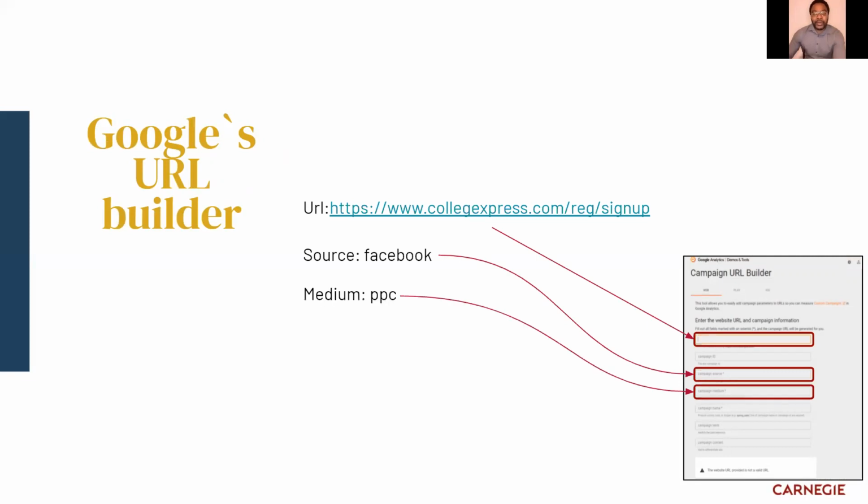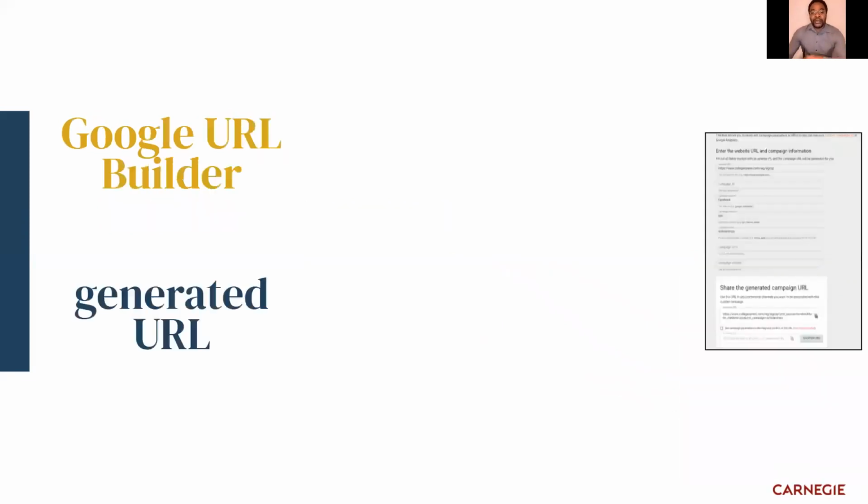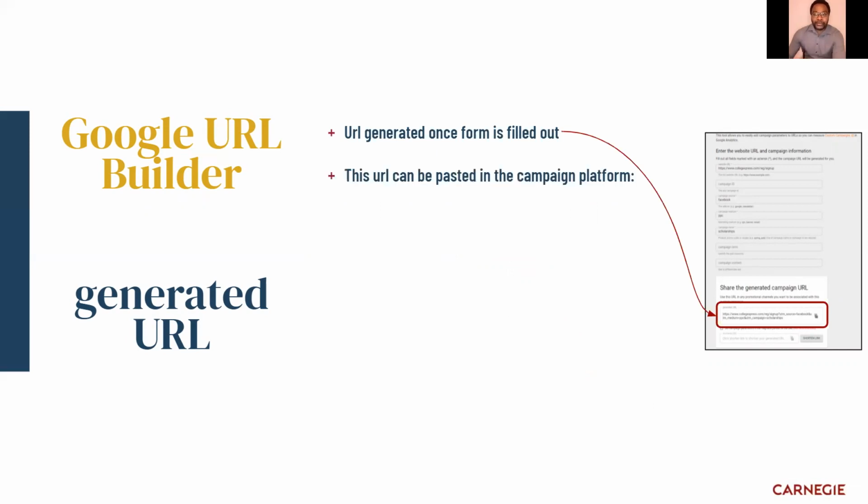And then medium will be PPC. And then again, the same campaign that we looked at earlier, which is a scholarship. While you're filling that out, Google is generating a URL. Once you've populated those three mandatory fields, you can copy this URL and paste it in your advertising platform. So very simple to use.